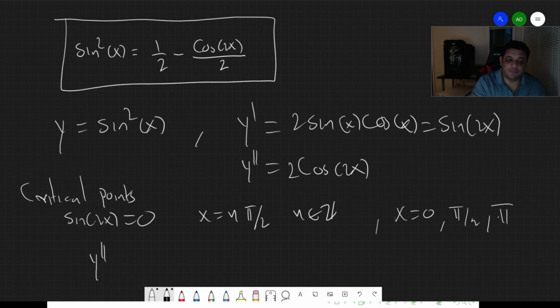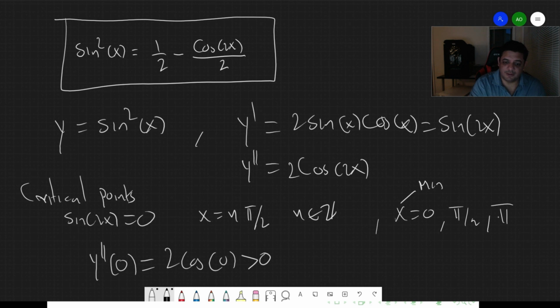So looking at some of these values, you can get information. y double prime of 0 is 2 cosine of 0, which is positive. So right away you know that this critical point is going to be a minimum. y double prime of pi half is going to be 2 cosine of pi, which is minus 2. This is negative, so this is going to be a maximum.